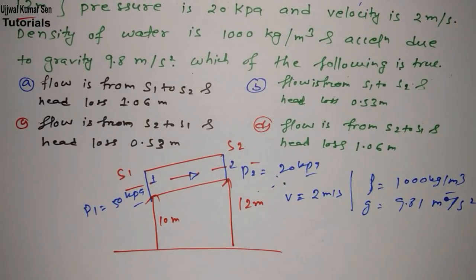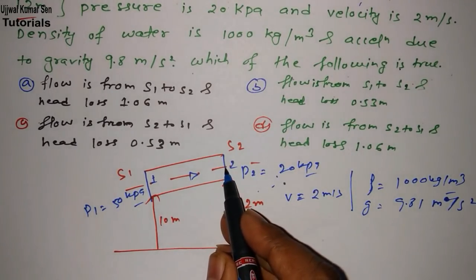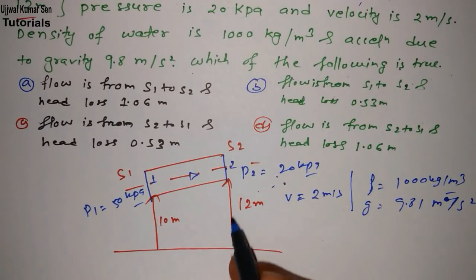If we get a positive value of H, that means flow is from S1 to S2. If we get a negative value, then it is from S2 to S1. In general, if water is flowing from S1 to S2, they definitely had loss because of this elevation difference of 2. This is a simple thing.